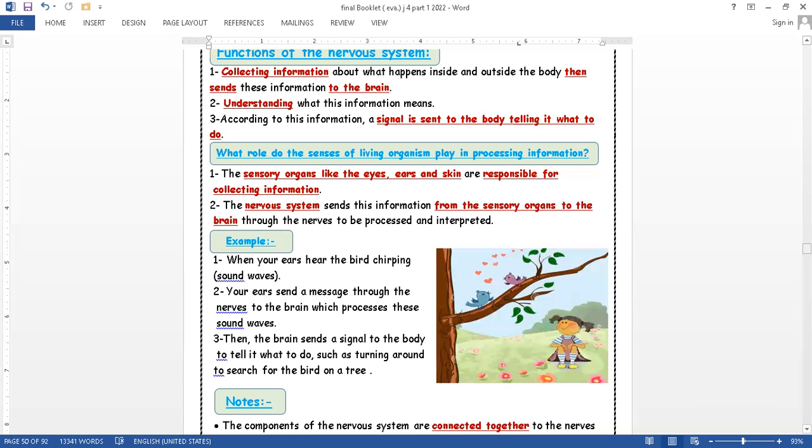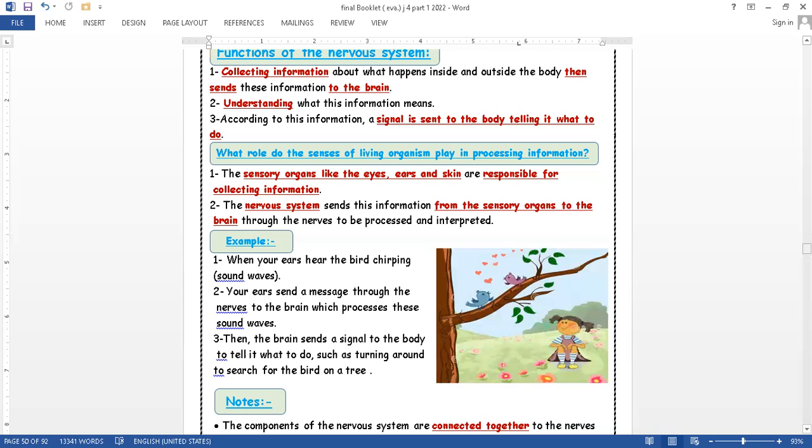So as we said, Junior 4, we have to have this information saved in our memory. If it's our first time to hear this sound, we can't recognize it, or connect that these sounds are related to the birds.